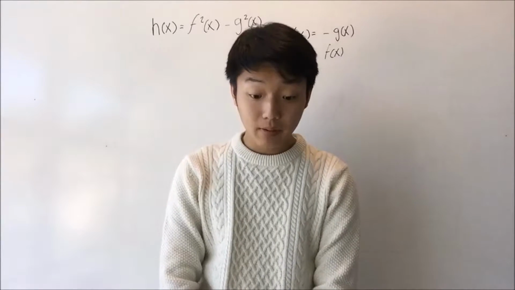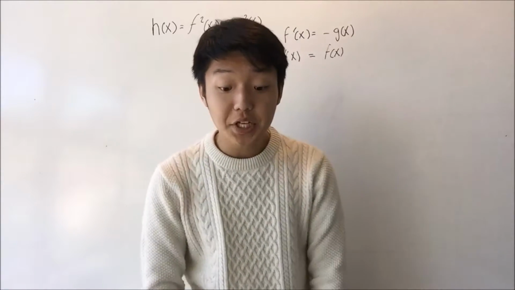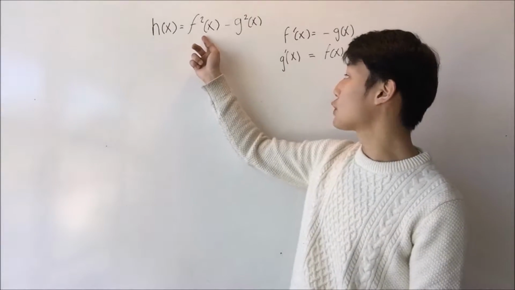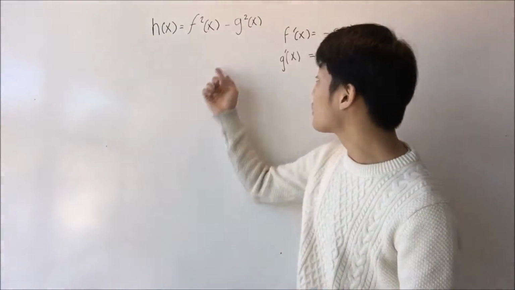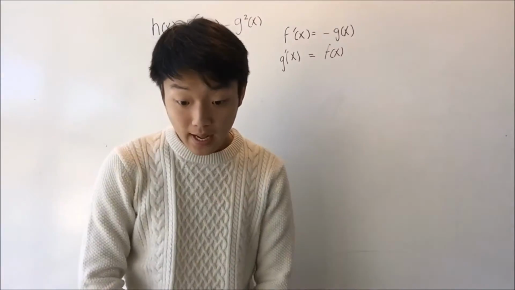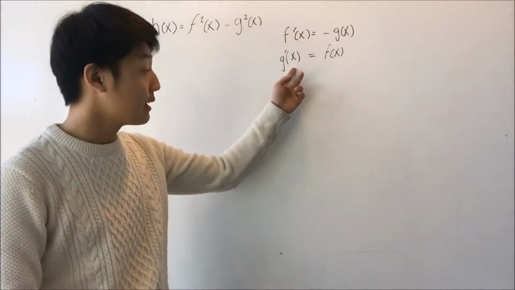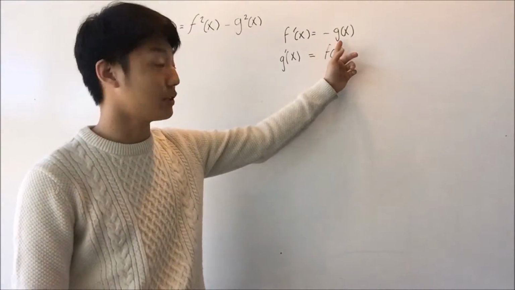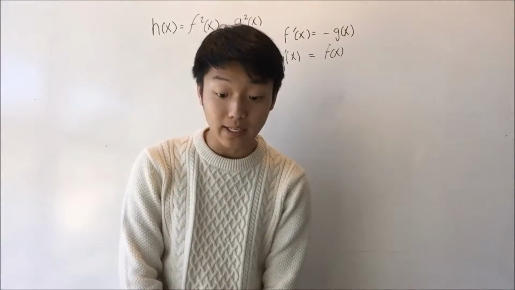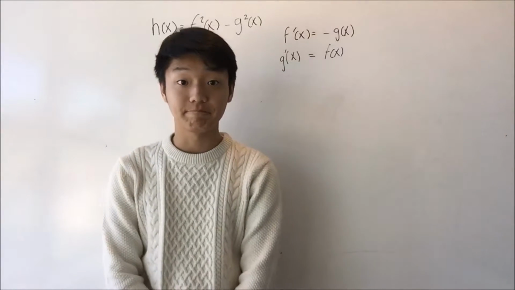Number 8 says, if h of x equals f squared x minus g squared x, and g prime x is f of x and f prime x is equal to negative g of x, then what is h prime x?